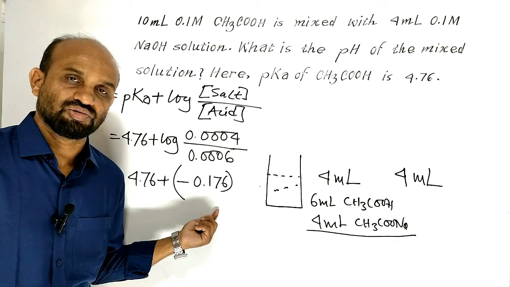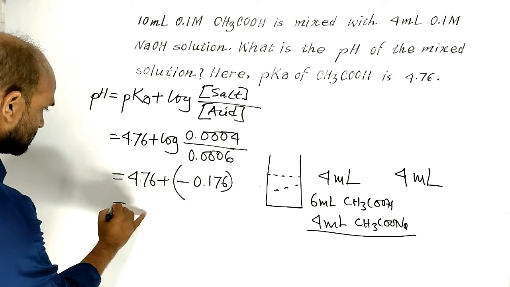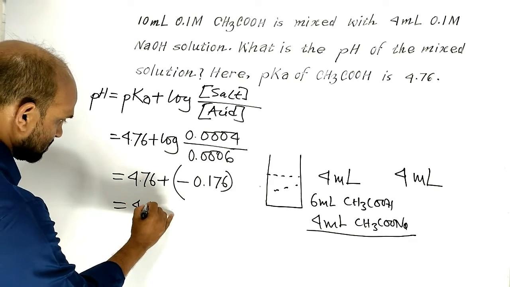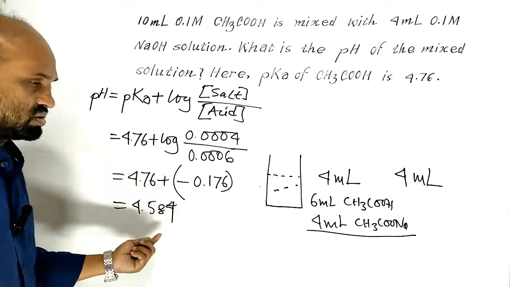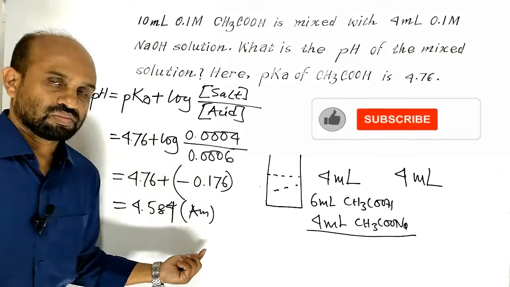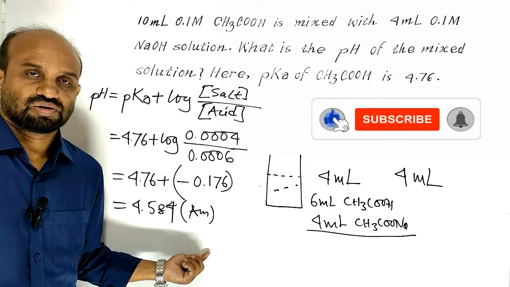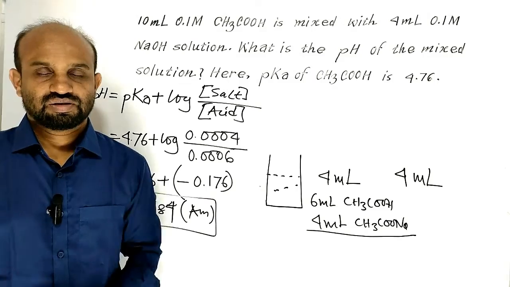It is obtained using scientific calculator. This is equal to 4.584. This is the pH of acidic buffer solution, solution of acetic acid and sodium acetate. Thank you very much.